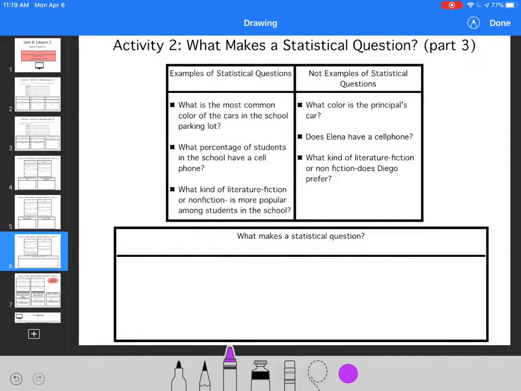All right, so then it says, what makes a statistical question? So statistical questions, you ask many people and they can give many answers.